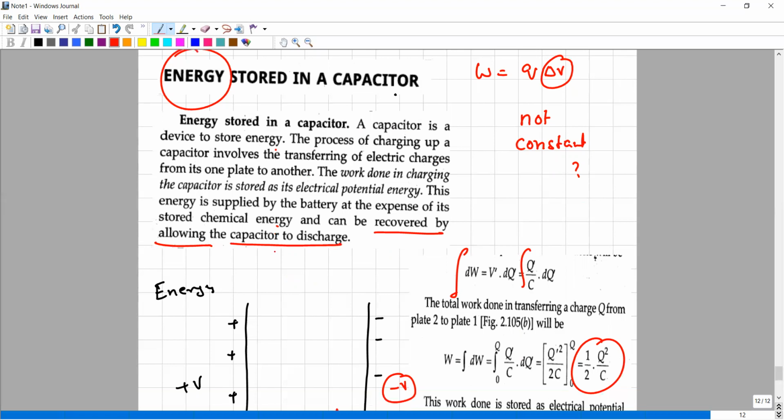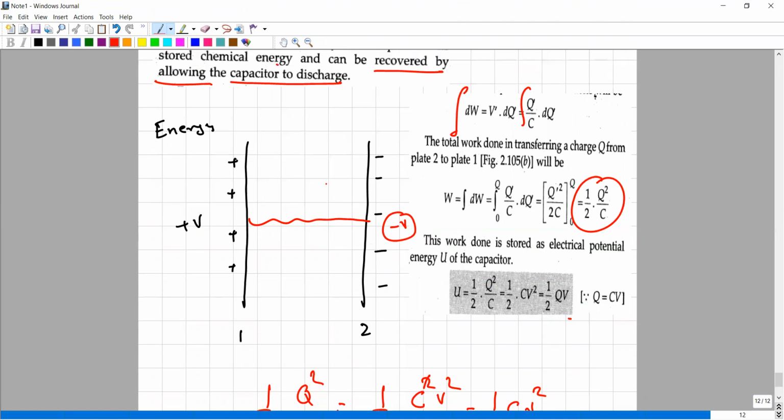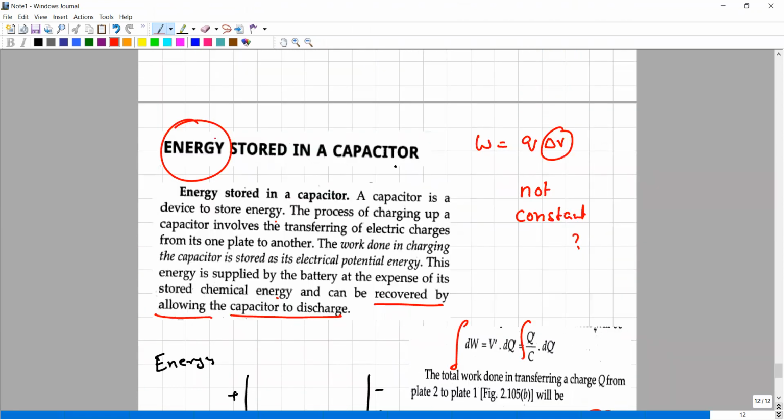That means once the energy is stored in this capacitor, if you let the capacitor discharge, that is, if you let this positive charge move to the negative charge by having a conductor in between, then the energy that you had spent charging the capacitor, that's the very same energy you're going to get back. So that is the energy stored in the capacitor.